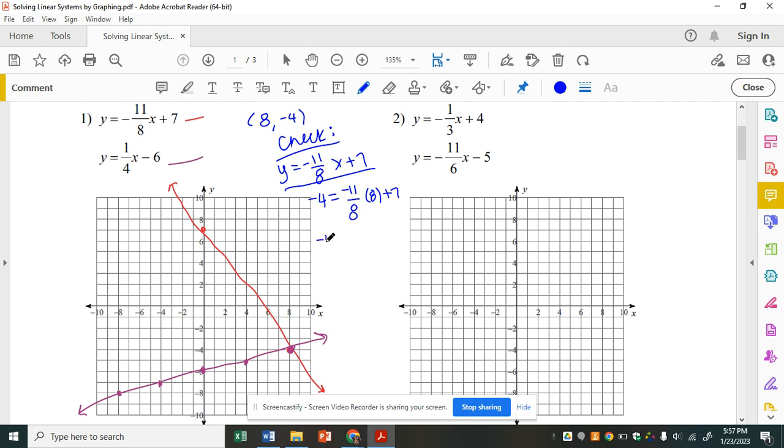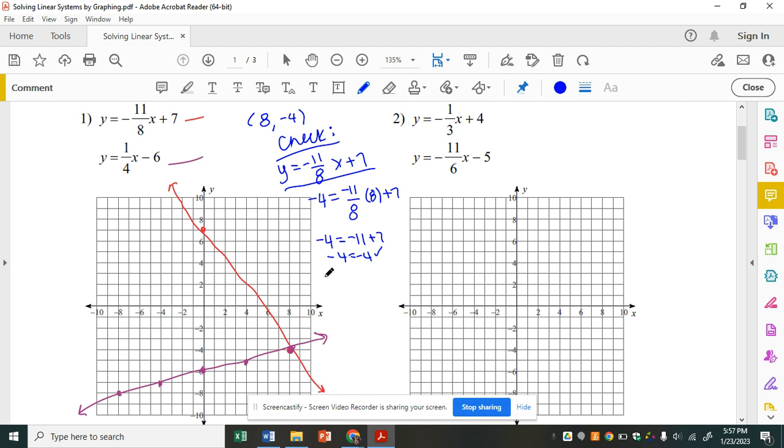No matter how you multiply it, whether you multiply negative 11 times 8 and then divide it by 8, or whether you recognize that the denominator and this number are going to cancel, when you multiply negative 11 eighths times 8, you'll get negative 11. So negative 11 plus 7 will equal negative 4. So that point is a solution in my first equation.